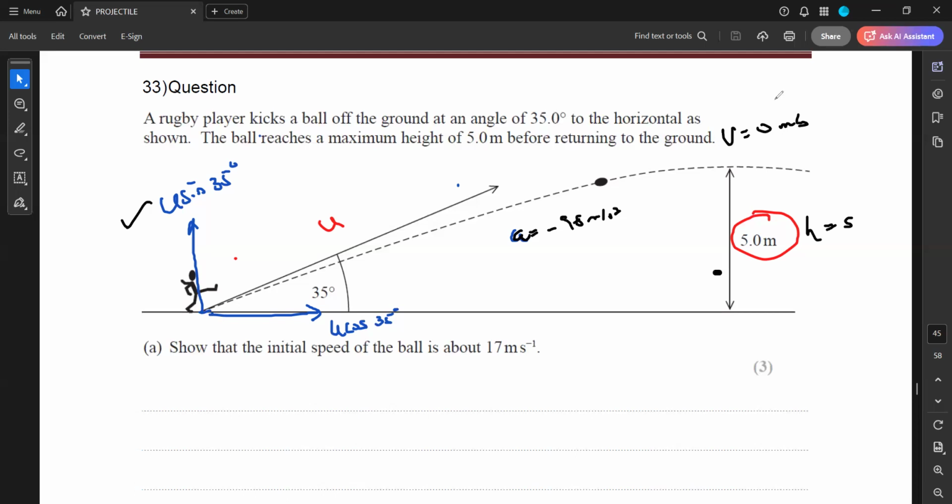Whenever we are using the vertical component of the motion, we will always use the equations of motion. I have the initial velocity, the final velocity and the height, so which equation of motion can we use? We can use 2as equals v squared minus u squared.